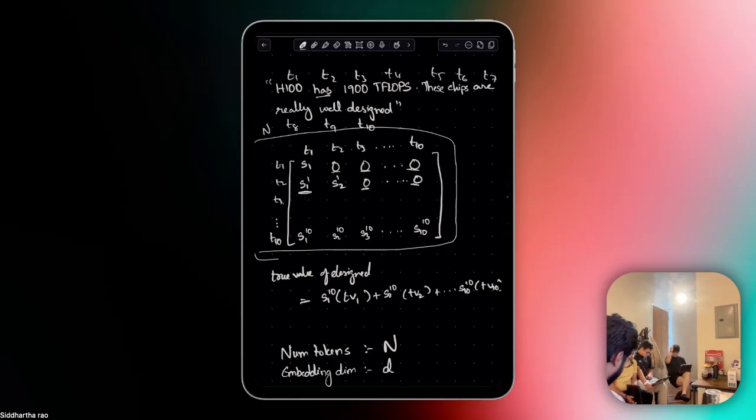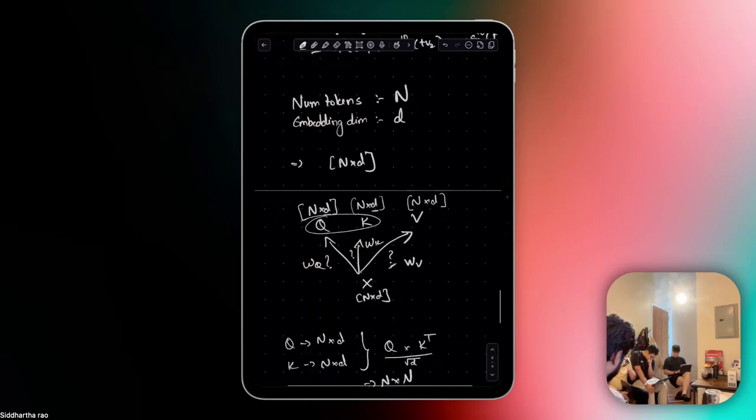Let's say we are talking about the 10th vector, and you're asking what does "design" depend on? It depends on every other token. Maybe I'm saying these chips are really well designed, so maybe this has a value of 0.1, this is 0.1, this is 0.2, and so on, maybe this is 0.3. So the total sum is 1.0.